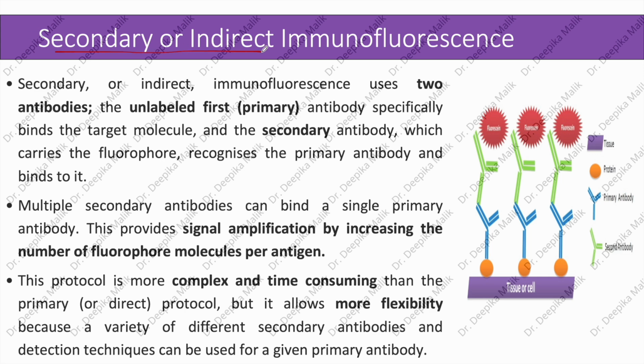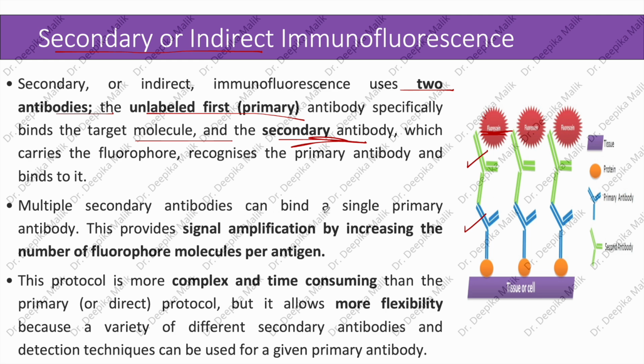Secondary or indirect immunofluorescence. It uses two antibodies: the unlabeled first primary antibody, as you can see here in the diagram, the blue antibody, which specifically binds the target molecule, and the secondary antibody, which is shown here in green color, which carries the fluorophore, here fluorescein, and recognizes the primary antibody and binds to it.